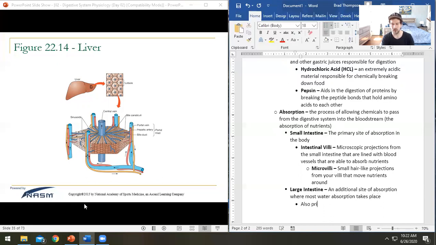Also primarily responsible for elimination. Right? So your large intestine is also where the formation of your stool comes in. It's going to absorb all that water, compact everything together, and then it's going to exit out of the body.